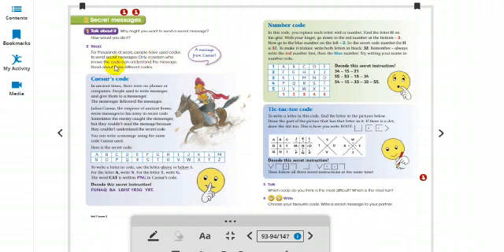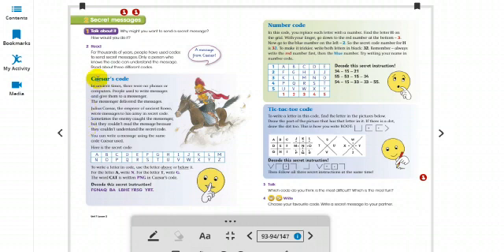Only a person who knows the code can understand the message. Read about three different codes. So here there are three games which help in playing the role of the secret message. We'll read first and we will see how we can play these code games.